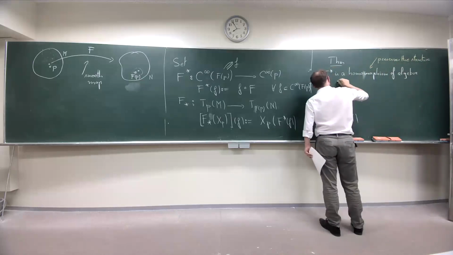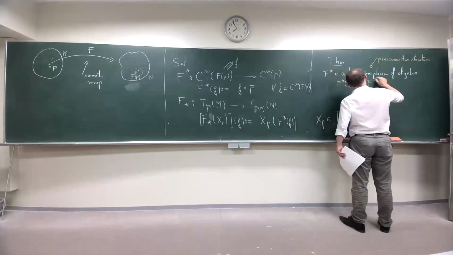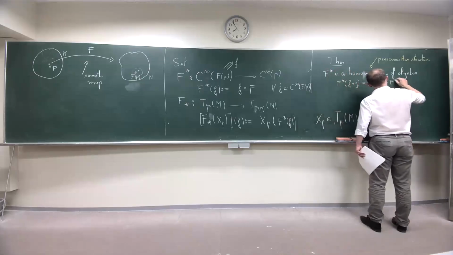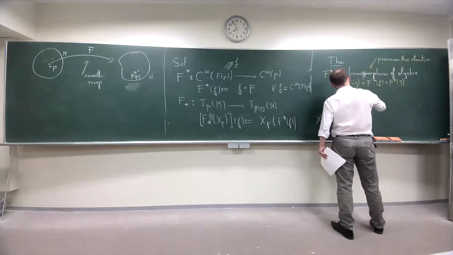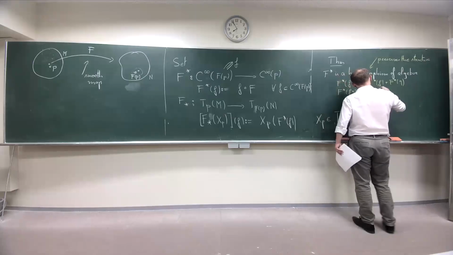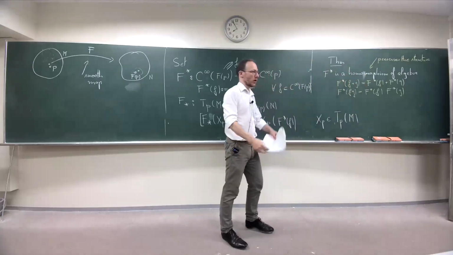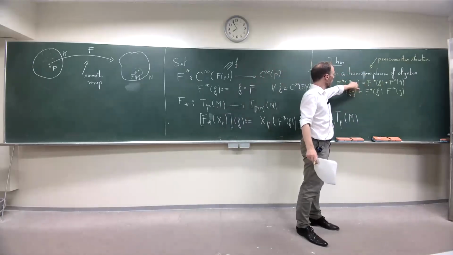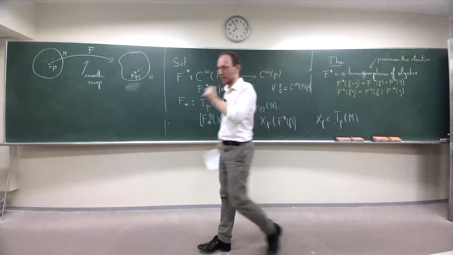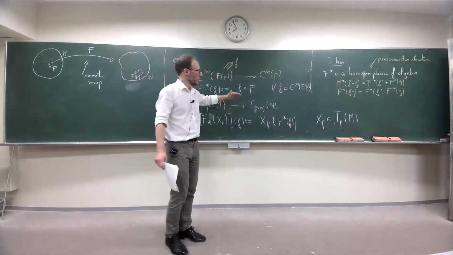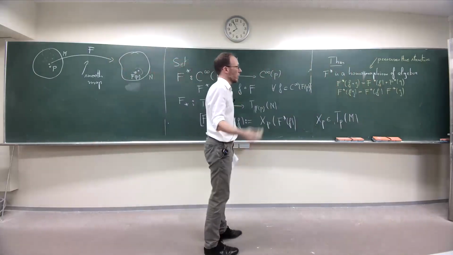In this particular case, it means F star of f plus g is F star of f plus F star of g, and F star of a product fg is F star of f times F star of g. It preserves the structure. This is the structure before applying F star, and this is the same structure after applying F star. You need to check with the definition. This is still an easy one. So it's a homomorphism, and why of algebra?